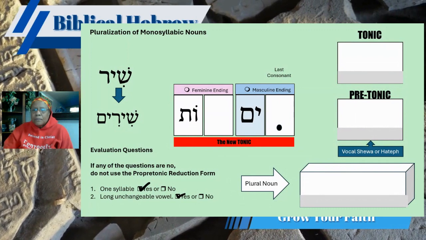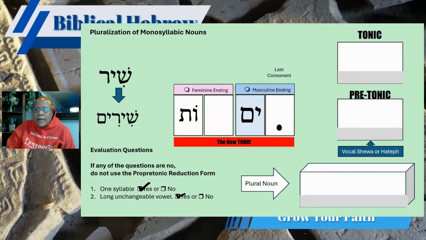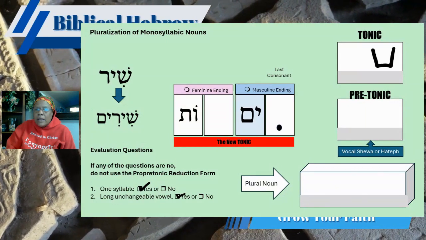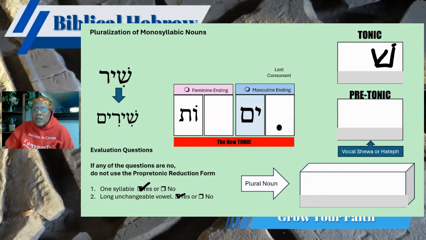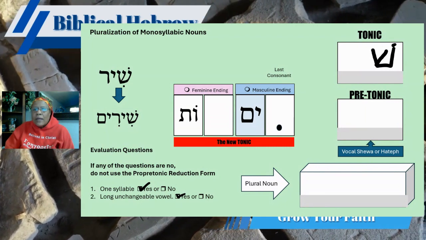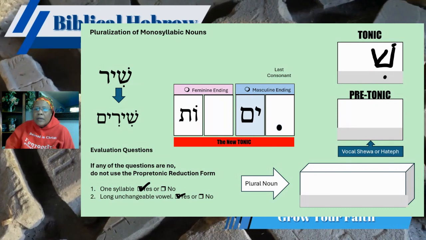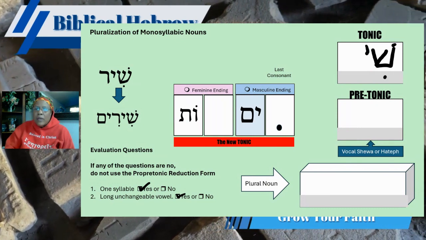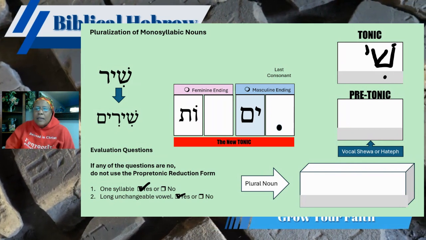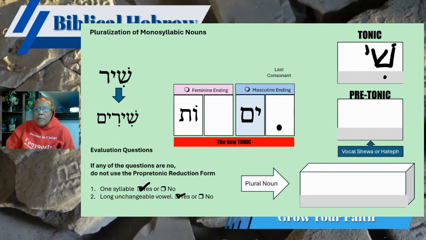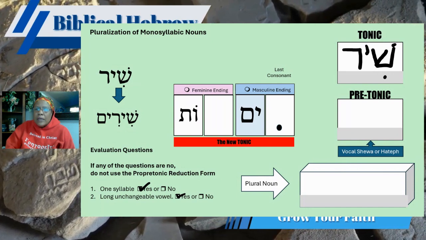Okay, so I'm going to write the tonic, and the tonic begins with a sheen. We know that the sheen is always a dot over the right leg of the letter, and followed by hirik yud. We know that this is a long changeable vowel because it is a vowel letter. And then the mem sofit. We always put sofit at the very end of the word.